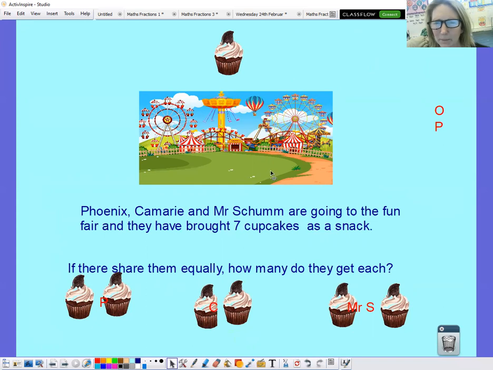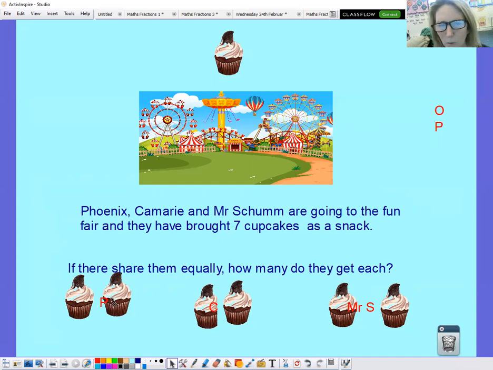And how many people do we need to share this cupcake between? We've got to remember, Phoenix and Kamari and Mr. Shum, they all want the same amount. So we've got to share this cupcake equally between those 3. So how many equal parts are we going to cut the cupcake into? Yeah, well done. This time we're going to cut the cupcake into 3 equal parts.